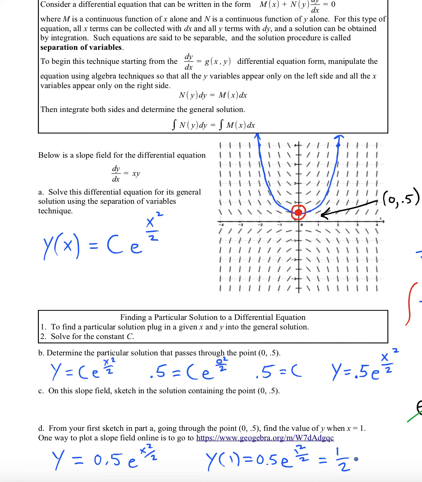It is 1/2 e to the 1/2, approximately 0.824. That would be this point right here.